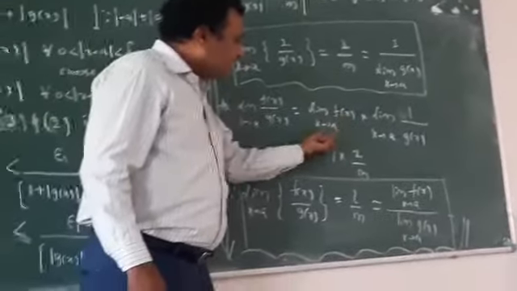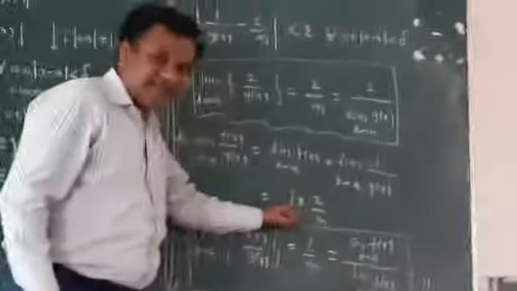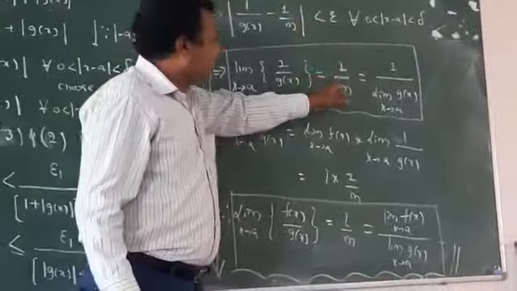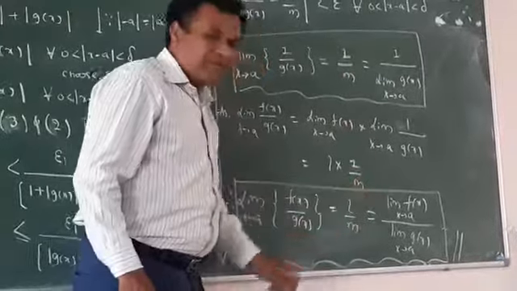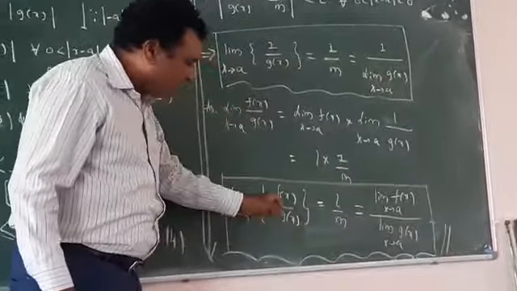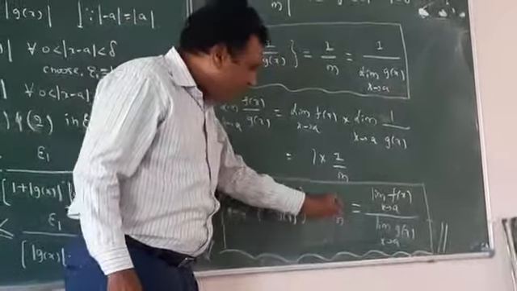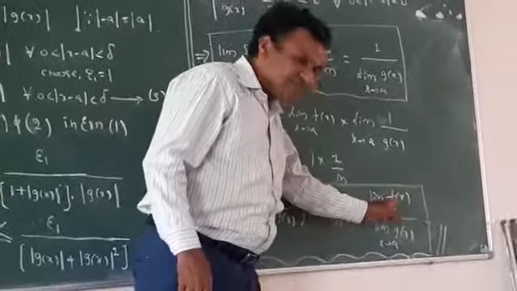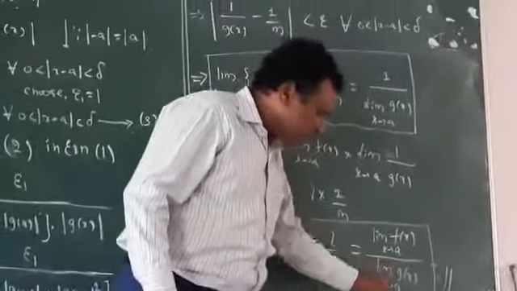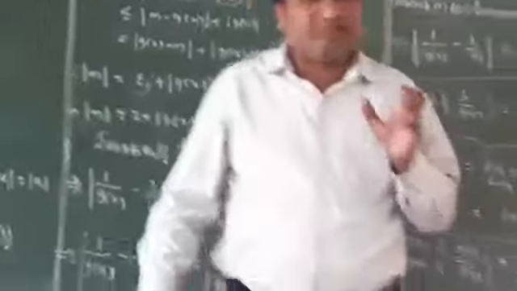Limit of f of x as x tends to a you are considering as L, and this you have already proved, that is 1 divided by m. So it becomes L divided by m. Therefore limit of f of x by g of x as x tends to a is equal to L by m, L as limit of f of x as x tends to a, and m as limit of g of x as x tends to a. So this is also an important theorem.